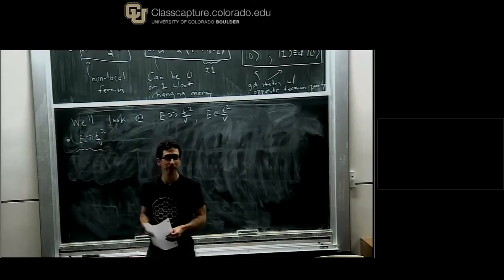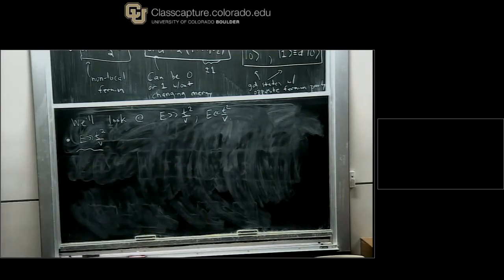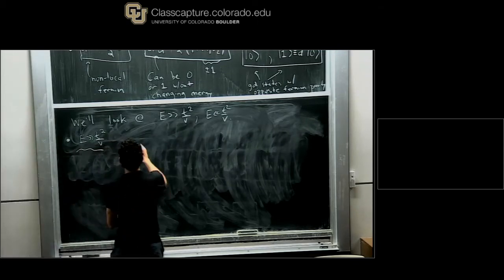Let's do perturbation theory in t squared over v. I want to do zeroth order perturbation theory. I want to just kill H_t altogether. That's the zeroth order thing you can do. So H is approximately H lead in this regime.